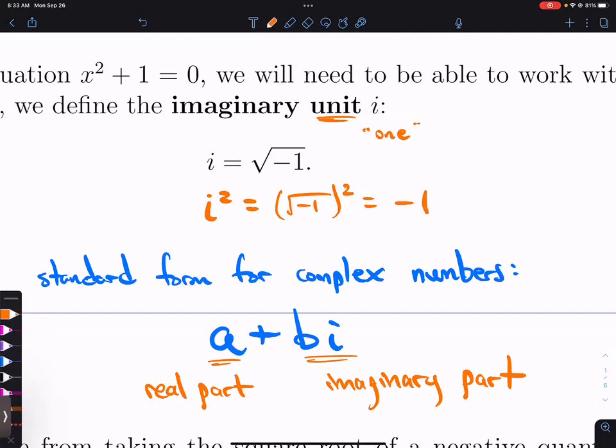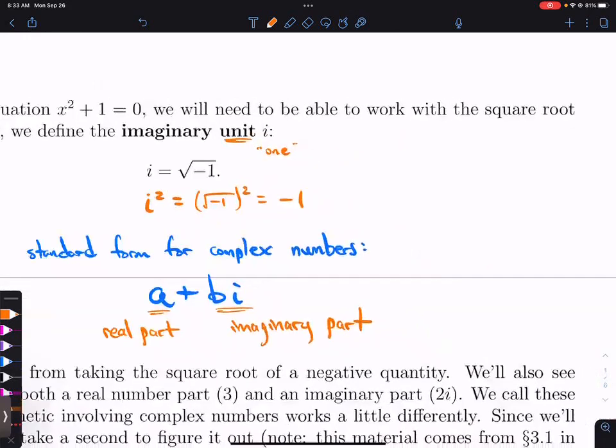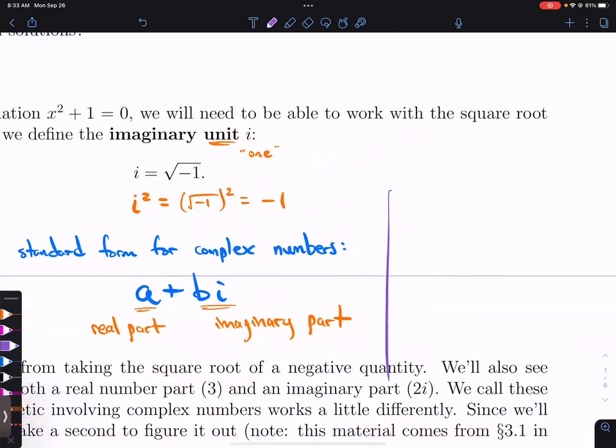The i though, that's the imaginary unit, right? So something like 2 plus 3i has real part 2 and imaginary part 3i. What we're going to look at is how we do arithmetic with complex numbers, and then, of course, the real motivation is how these come up in solving quadratics.